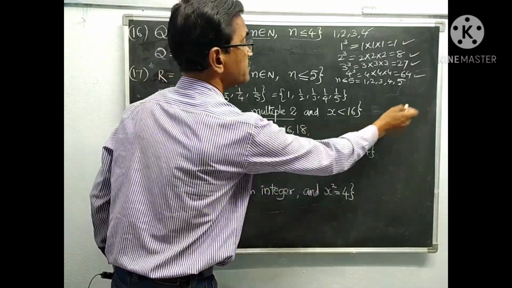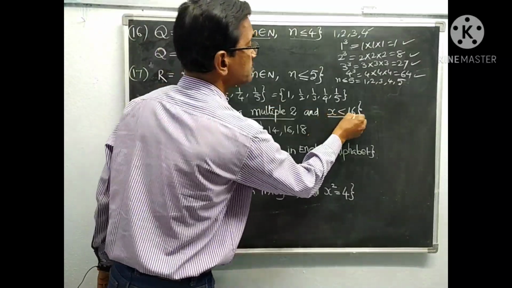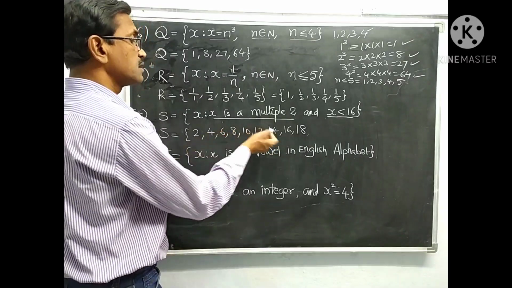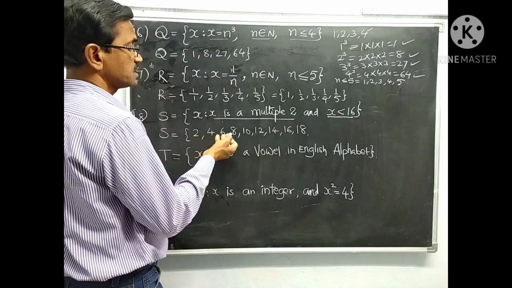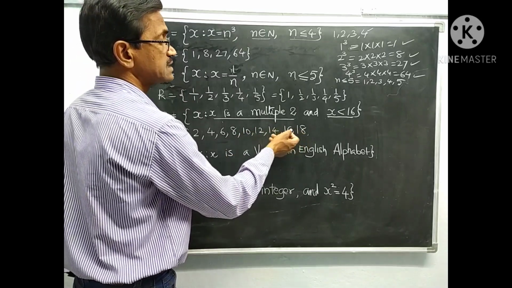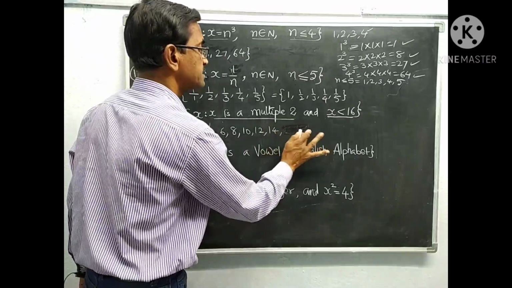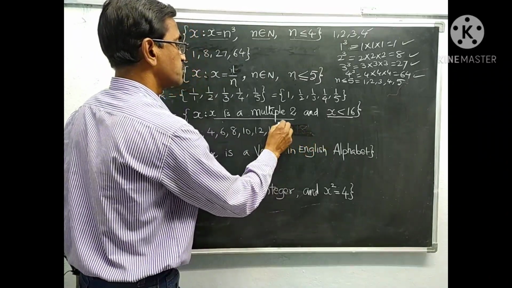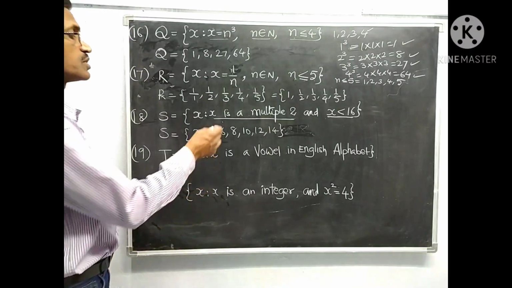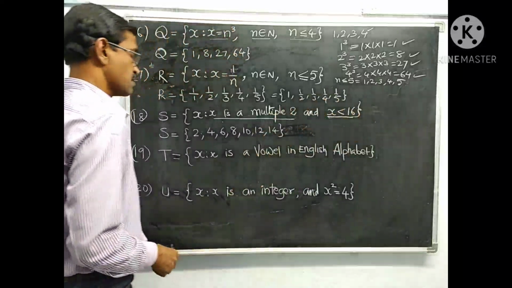We get so many infinite multiples, but the condition here is that it should be less than 16. Up to here: 2, 4, 6, 8, 10, 12, 14. These are not less than 16, equal to 16, or more than 16, so you should not write these elements. You write up to only 14. So before writing the elements, you should follow the conditions.